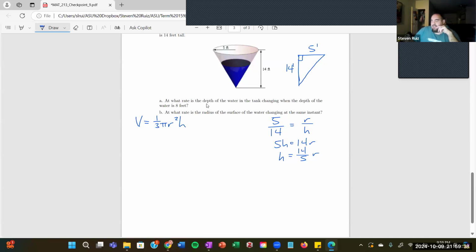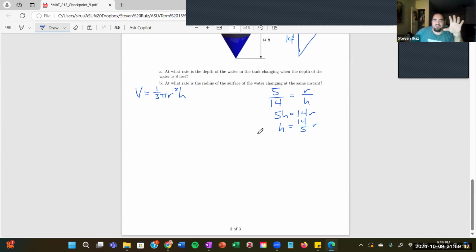I'm going to suspect that most of you will find that making this manipulation early makes the rest of the problem a lot easier to deal with than the way I just went through A. So hopefully I've convinced you that the height will always be equal to 14/5 times the radius.